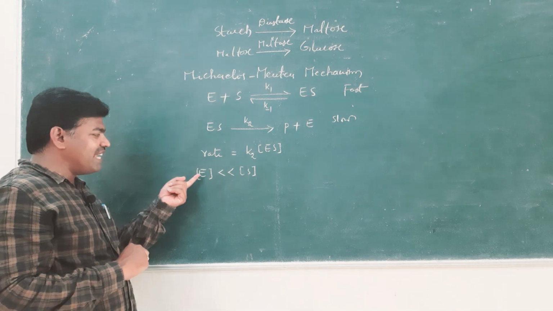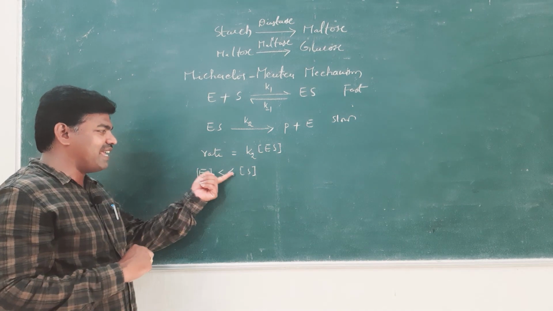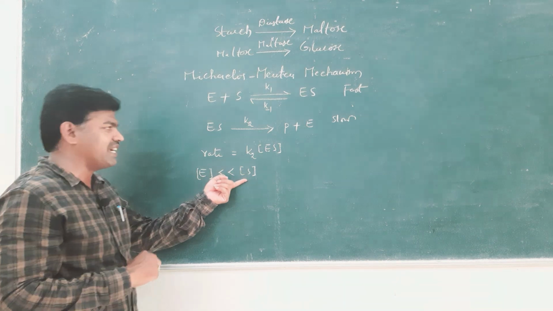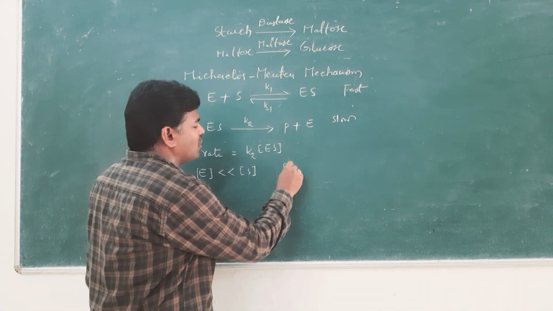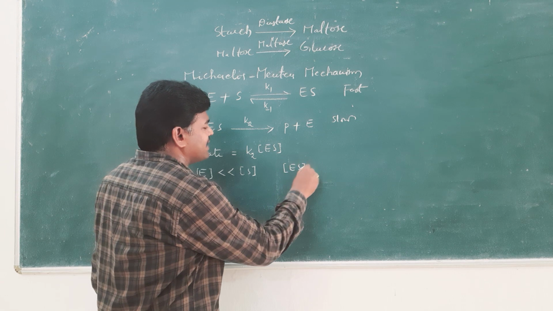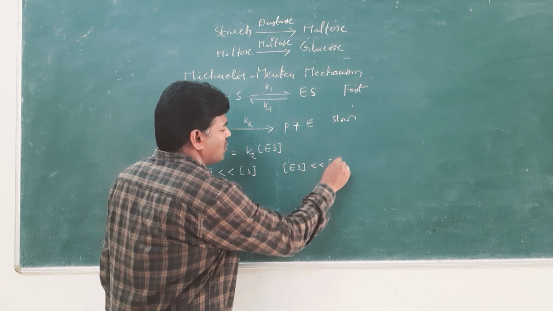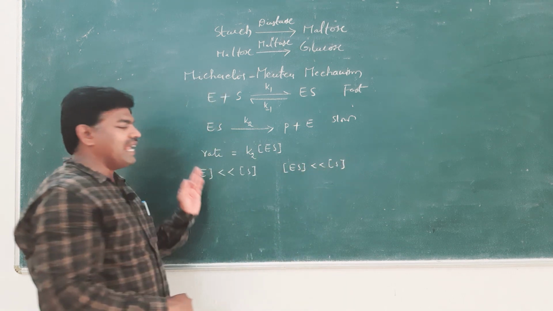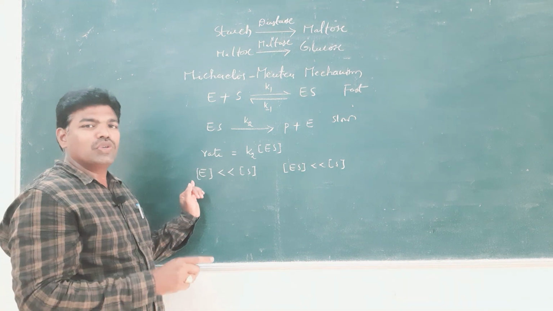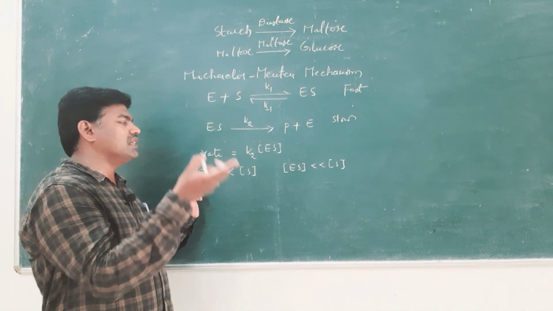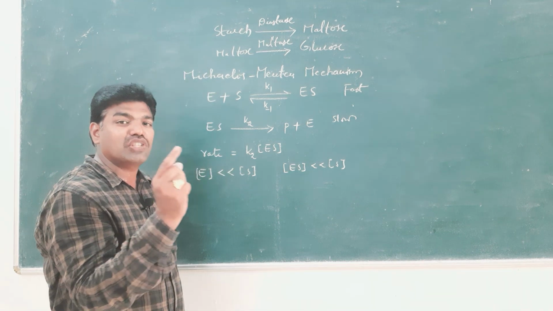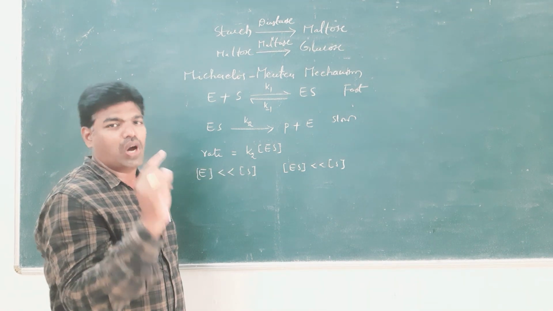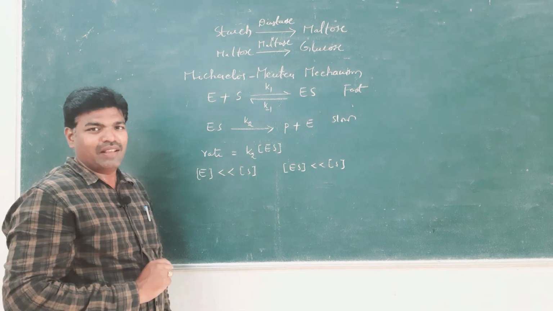So, when enzyme concentration is less than the concentration of substrate, consequently the formed enzyme substrate complex is also less than the substrate concentration, because the enzyme concentration is very low and the enzyme forms the complex with substrate. So the enzyme substrate complex is also in low concentration, right.